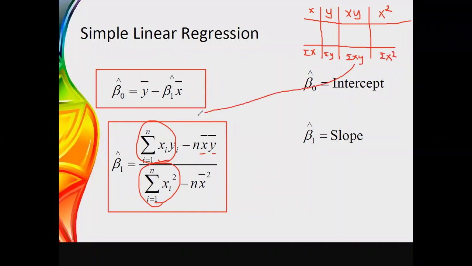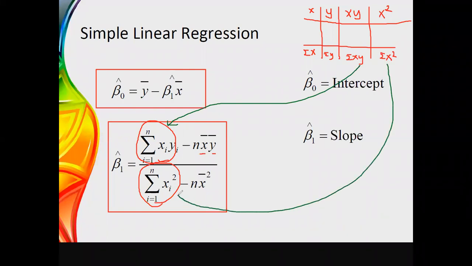Thereafter, you have to substitute the summation of xy in this place. Then you can substitute summation of x squared in this place. And you can calculate the value of x bar. X bar can be calculated using summation of x divided by n. Y bar can be calculated using summation of y divided by n, and n is the number of pairs of observations you are having.